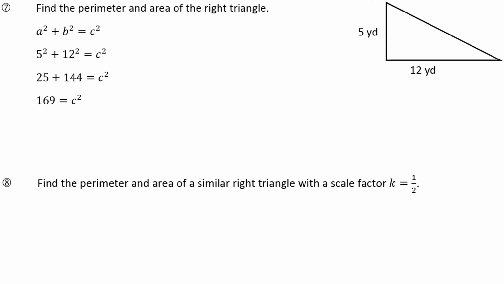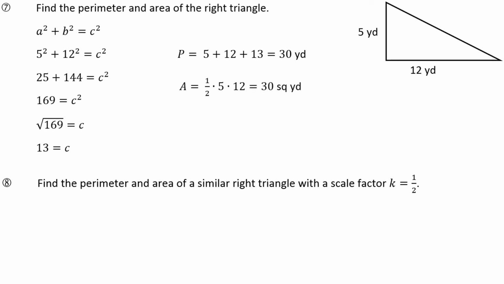Oh, wait, I got one more step. Got to remember to take that square root. So the missing side is 13 yards. For the perimeter, I'll add up the three sides. I get 30 yards. For the area, 1/2 times the base times the height. Although the way I've got it written there, it looks like 1/2 times the height times the base. Get the same result.